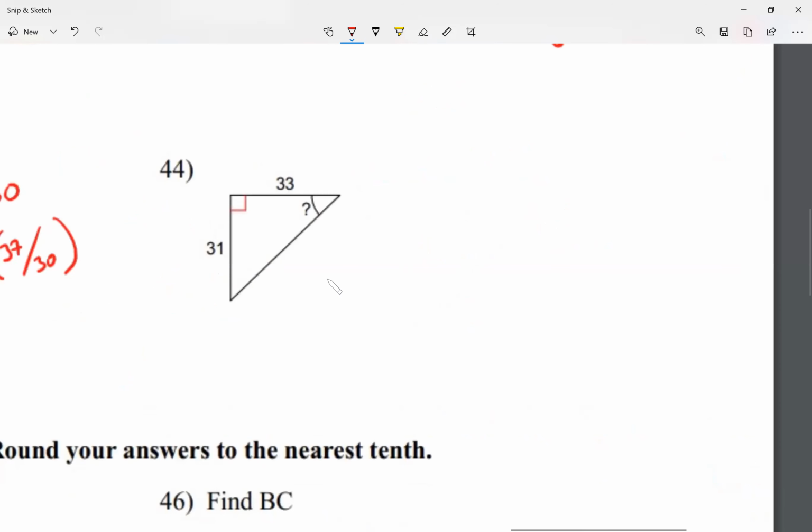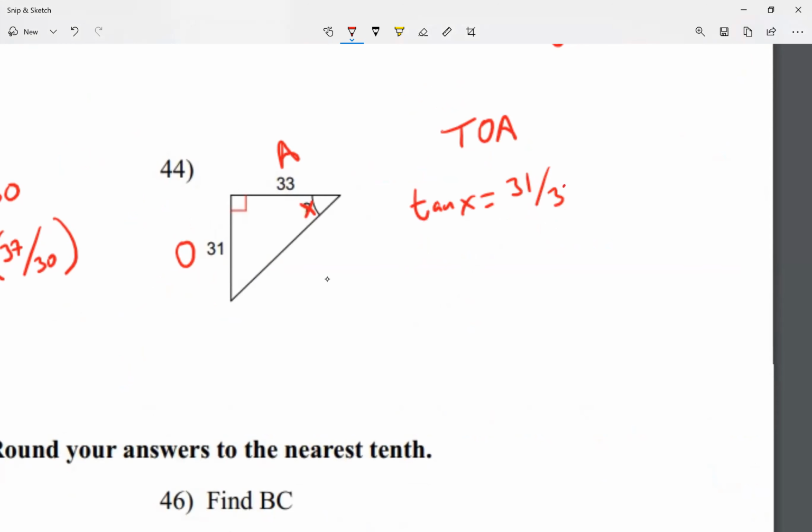Lastly, let's see. My question mark, let me call this X. I have no information about the hypotenuse. I just know 31 is my opposite, 33 is my adjacent. I remember the acronym TOA. So tangent of X is equal to 31 over 33.